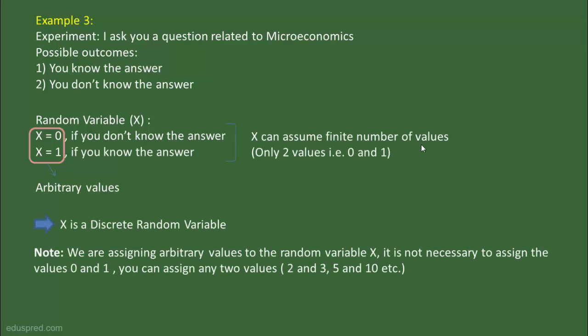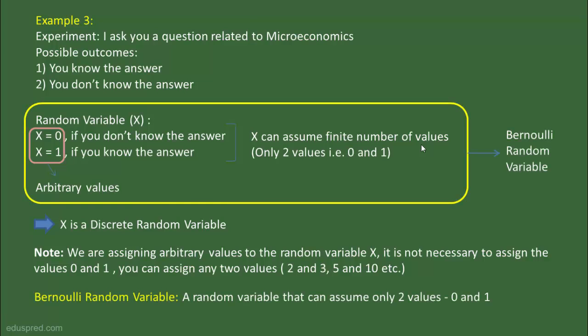Now because this random variable can assume only two values, that is 0 and 1, by definition this is a discrete random variable. Also note that as we are assigning arbitrary values to the random variable x, it is not necessary to assign the values 0 and 1. You can assign any values. You can assign 2 and 3, or you can also assign 5 and 10 if you like.